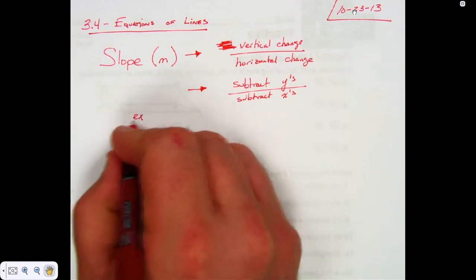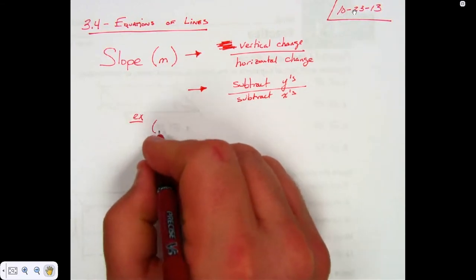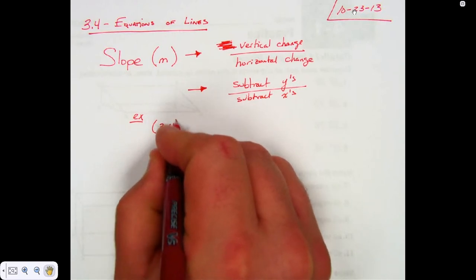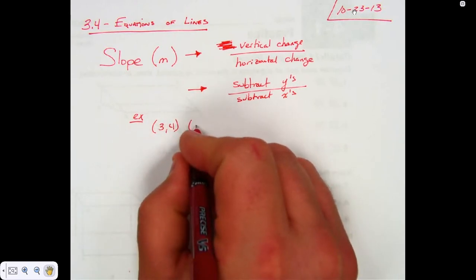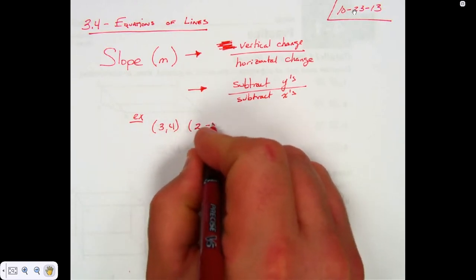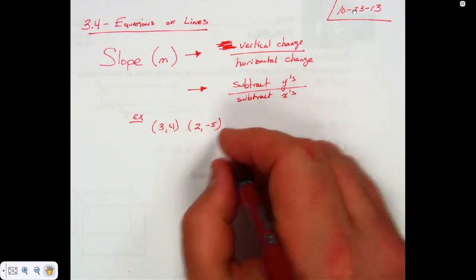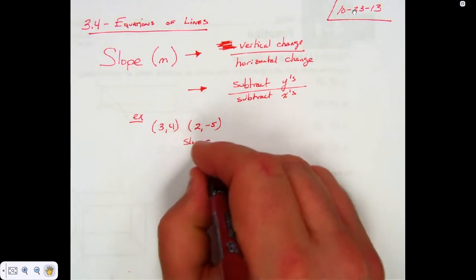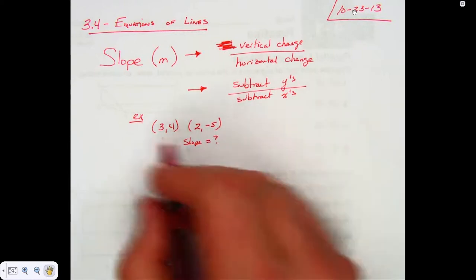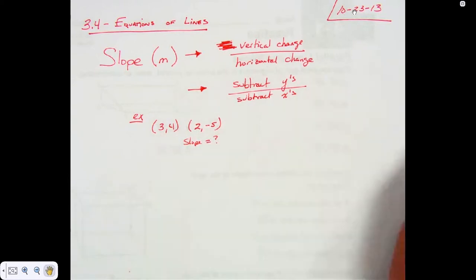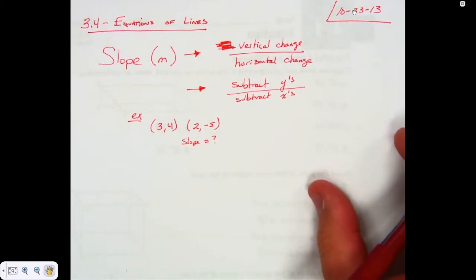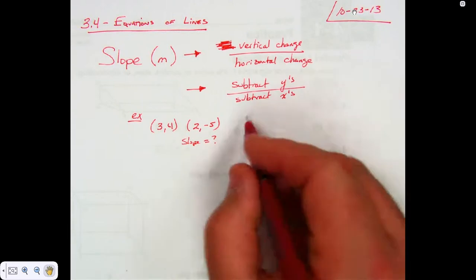So for an example, if I ask you to find the slope between those two points that lie on the line, how would I find it?